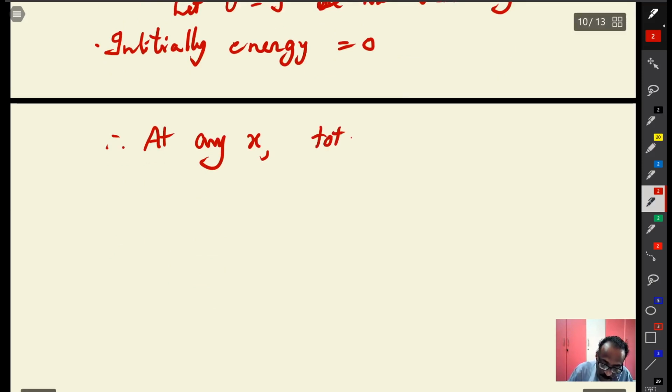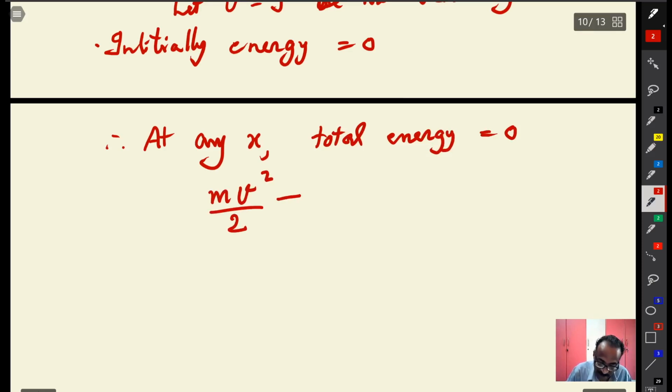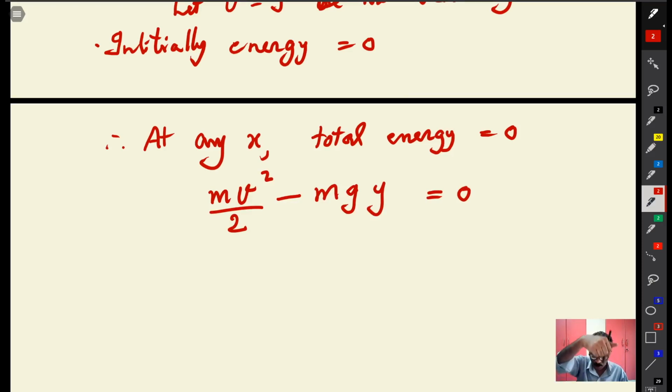So you just write down the total energy, because once it moves, it picks up energy, and the total is equal to 0. So you have your kinetic energy, which is mv^2/2, and then you write down the potential energy mgy. This is equal to 0. The minus sign comes because it's moving downward; we have written the coordinate in that direction. That's the reason.